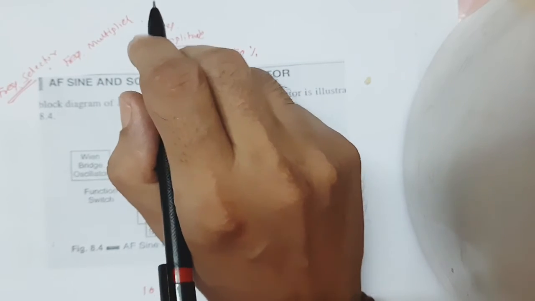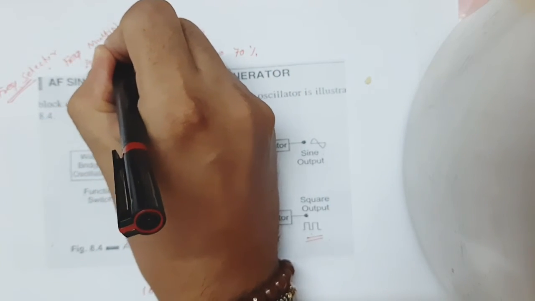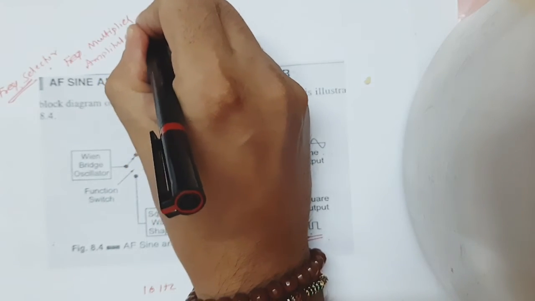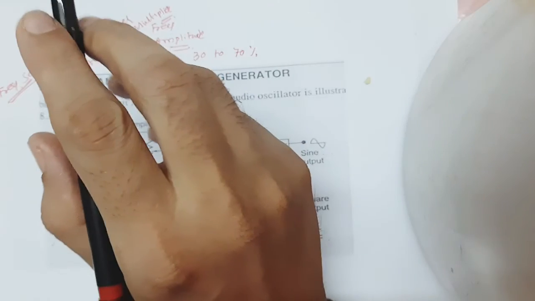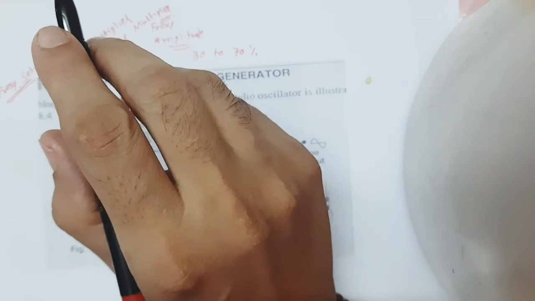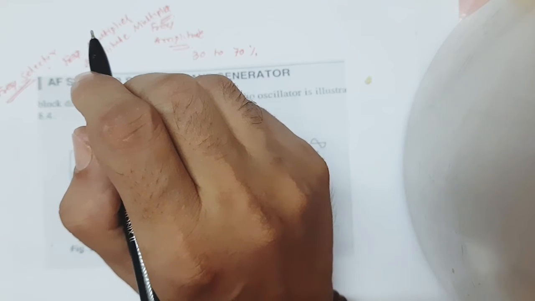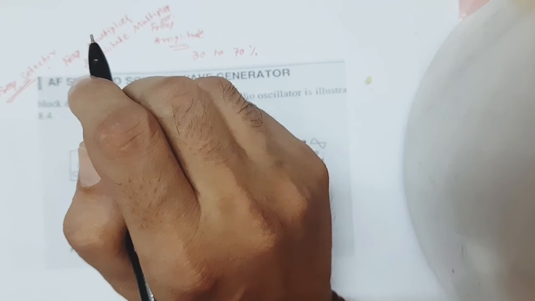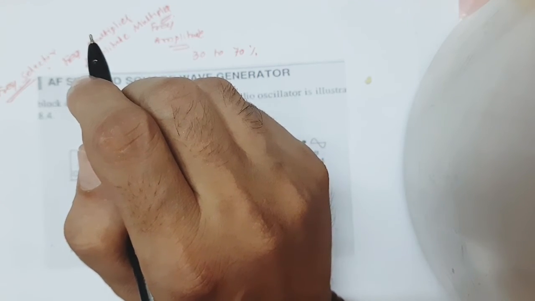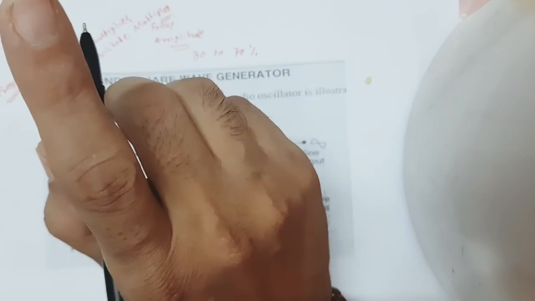The third switch is the amplitude multiplier. With the help of this, it attenuates the sine wave in 3 decades, multiplied by 1, multiplied by 0.1 and multiplied by 0.01. That means 1, 0.1 and 0.01.